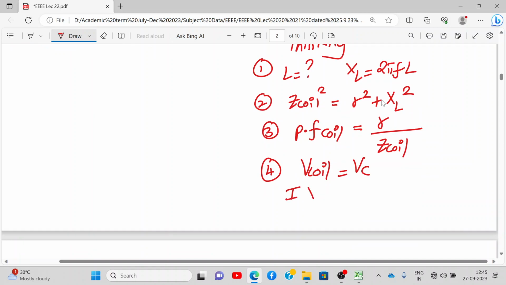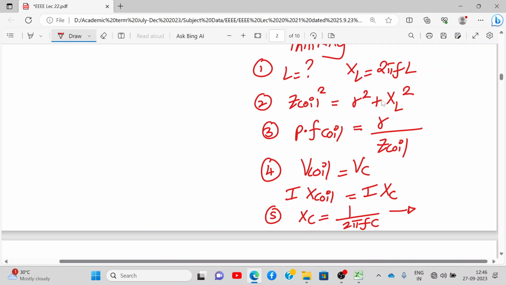I into the reactance of the coil, that is XL, and I into XC. So from here you can calculate XC, and XC is 1 by 2 pi F into C. So here we can calculate XC because C is given to you. We can calculate XC and then we can calculate other things.